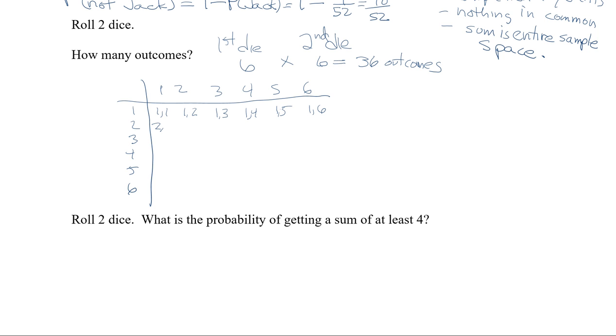I can get a 2 and a 1, 2 2s, a 2 and a 3, a 2 and a 4, a 2 and a 5, a 2 and a 6, 3, 1, 3, 2, and you get the idea.